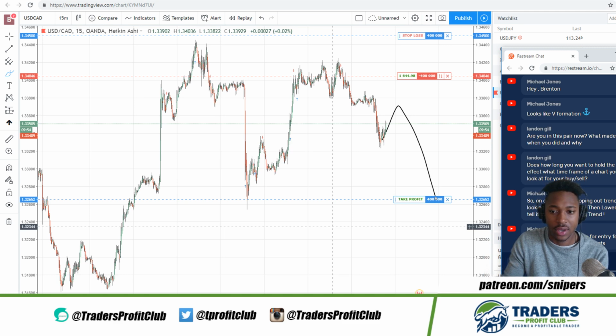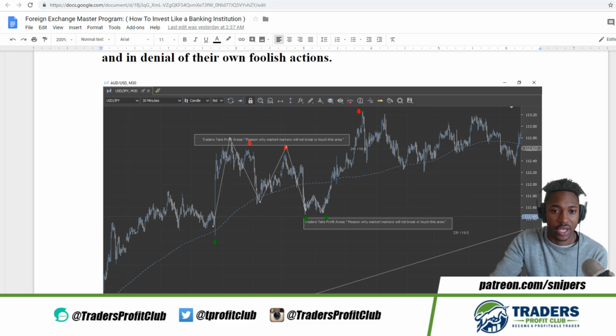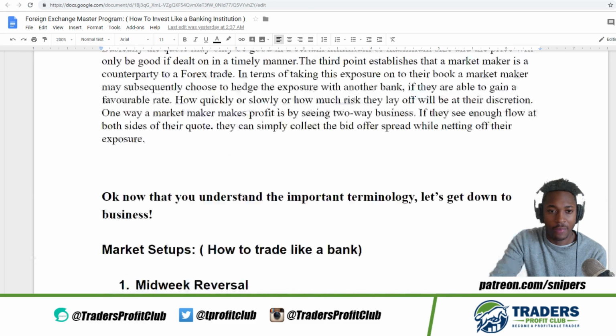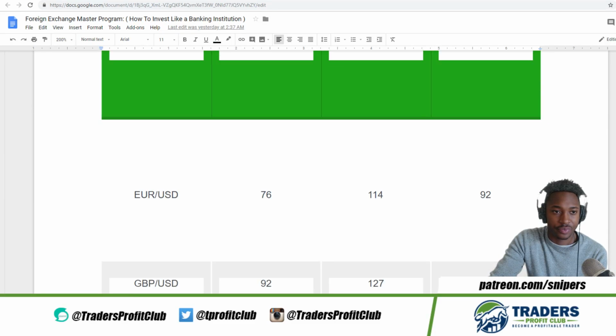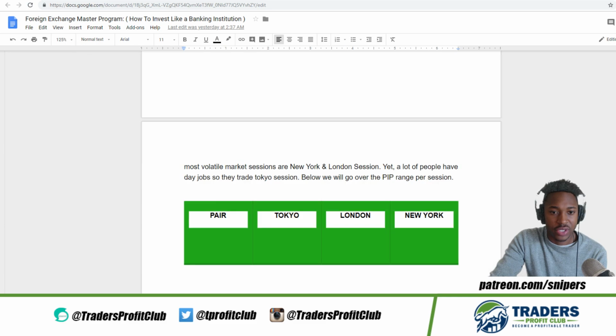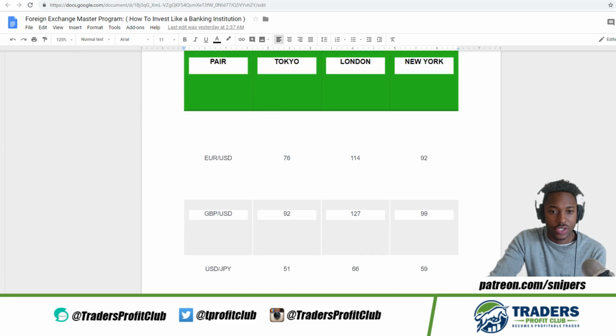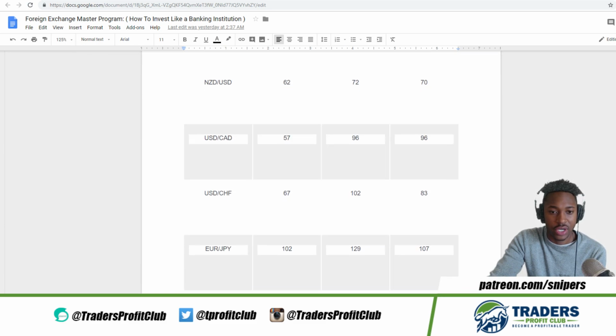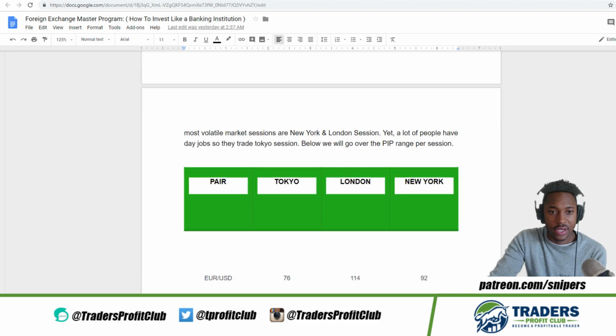So each currency pair has a range that it goes through on a daily basis, right? So I'll show you guys exactly what it looks like. So each pair on the market has a range. We're a little too close to the screen. Okay, so when we're looking at these percentages, this is each session, but I want to show you guys the pair of the days.